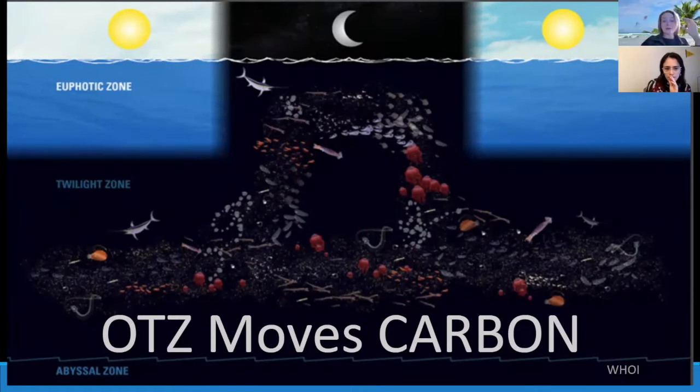But before day comes again, they drop down to the depths again so that they can avoid predation from animals up in the euphotic zone where all the light is. And they do this every day, and when they do this, they're transporting carbon. They process carbon, they transport carbon and bring it down to the depths. So they're really important in the biological carbon pump.